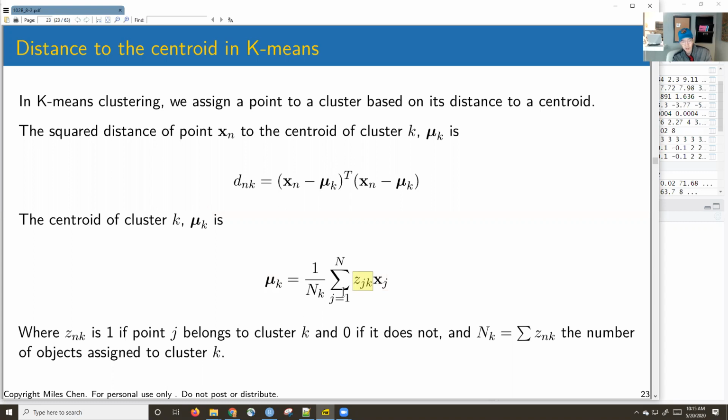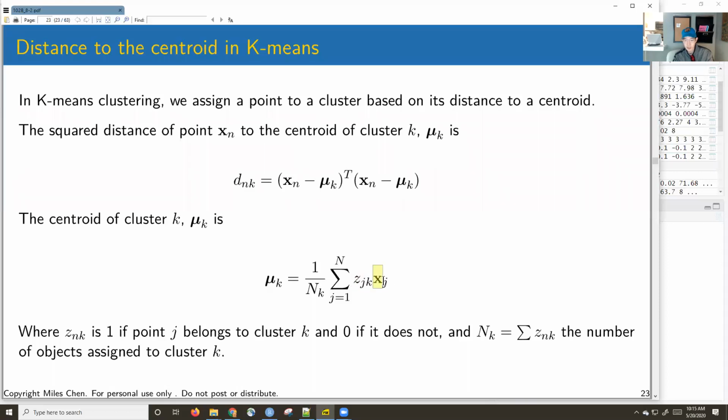The z is 0 if it doesn't belong to the cluster, and z is equal to 1 if it does belong to the cluster. So we're only going to be adding the x's where the z is equal to 1. So we're only adding the x's that belong to that cluster.